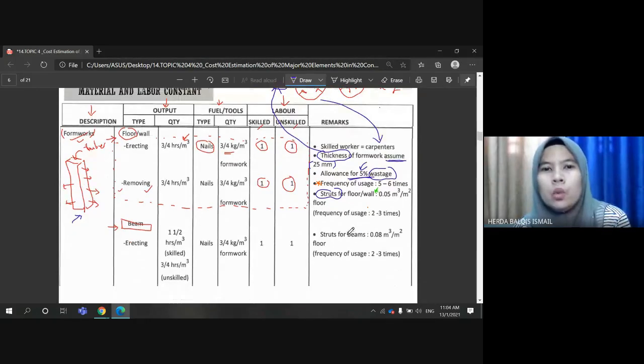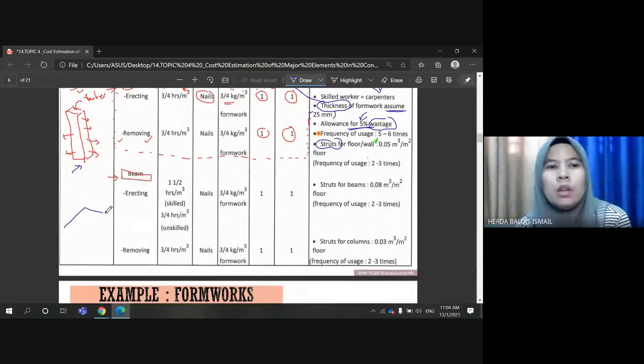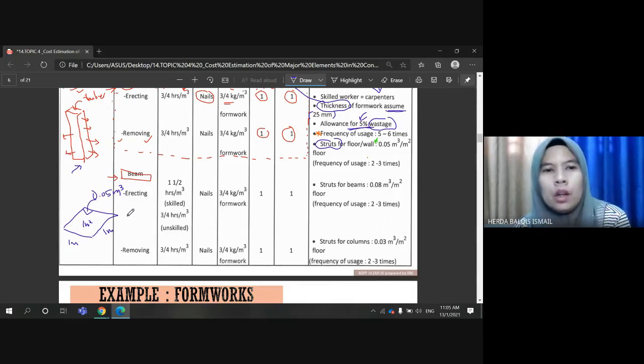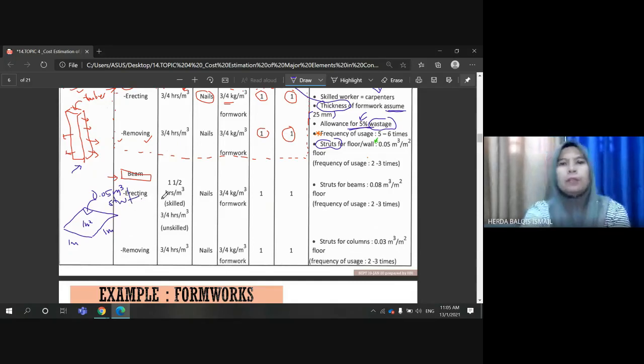If I can illustrate, every 1 meter square of floor or slab requires 0.05 cubic meter of timber in preparing or to be used as the structure. Right, so let's move to the example.